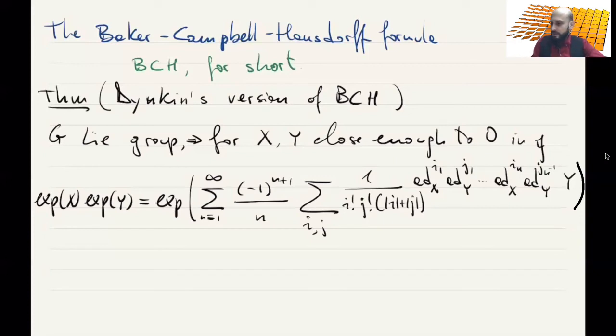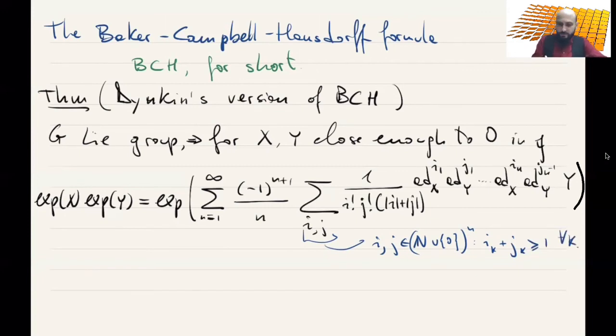Okay, of course, if this number is different than 0, then this is going to be 0. And this formula is for i, j multi-indices of dimension n, for which the sum of them is greater or equal than 1 for all k.